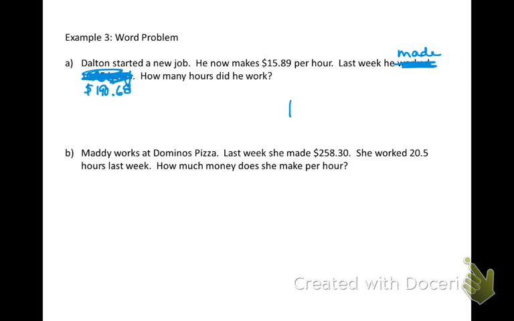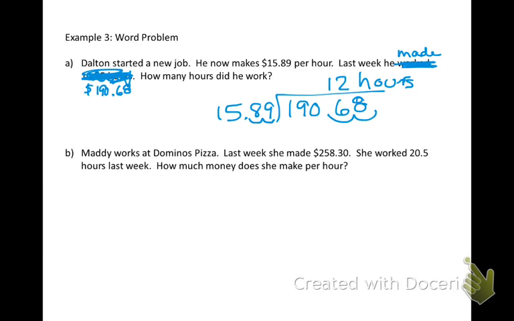Since he made $168 for all of his hours, you're going to have that in the inside divided by how much he makes. And then again, you're going to move the decimal over, and divide. You show your work. I don't have to. All right. So we have it where it was 12 hours when you're finished with it.